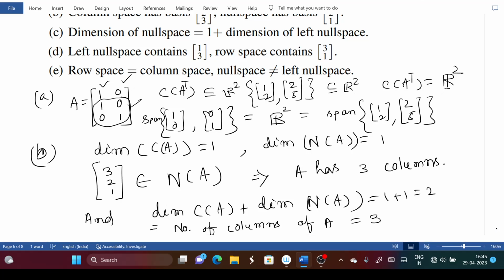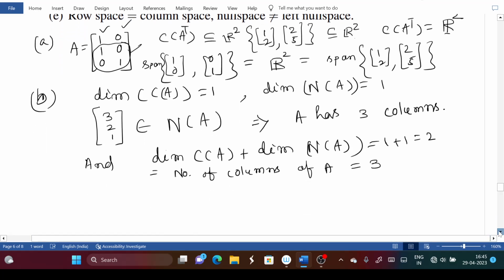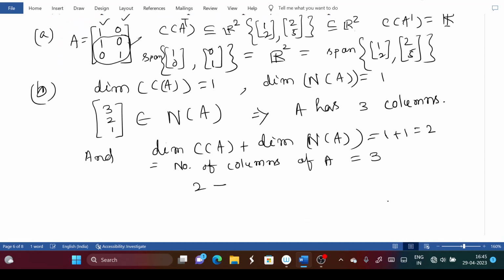So the left hand side is 2, the right hand side is 3, and 2 is not equal to 3, hence such a matrix cannot be constructed.